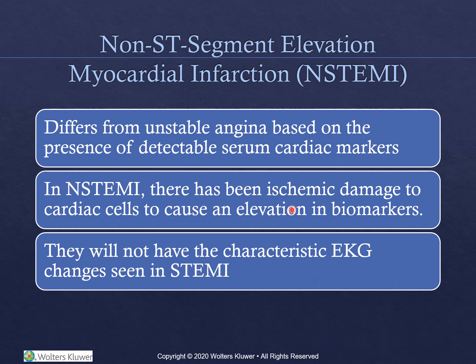In NSTEMI, there's been ischemic damage to the cardiac cells leading to elevation in biomarkers. But what they don't have is any of the characteristic EKG changes that we see in an ST elevation MI. So that ST elevation on EKG is not present for these patients.